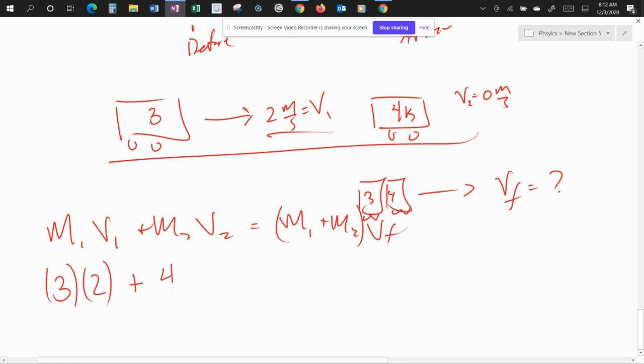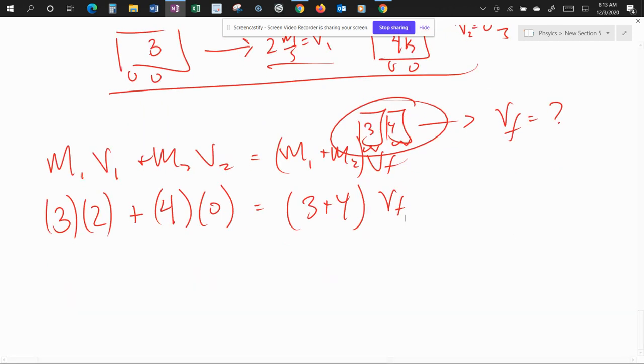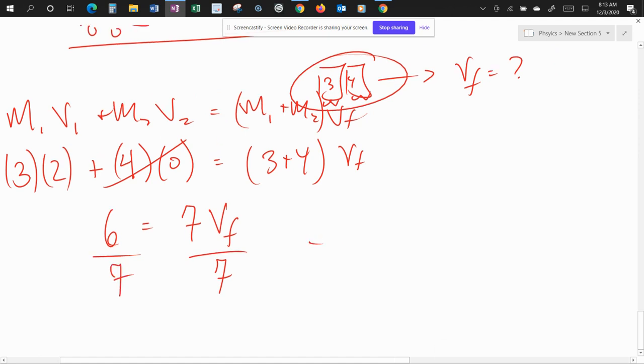Plus 4 multiplied by 0 equals, and then the total mass after they collide together, we're just going to say that that's 3 plus 4, right? So I'll do this the long way, times VF. So algebraically, this is 0, so this ends up being 6 equals 7 VF. So for this here, I just divide both sides by 7. Got it? And so my answer is VF equals 6 divided by 7, whatever that comes out to. It's like point something.